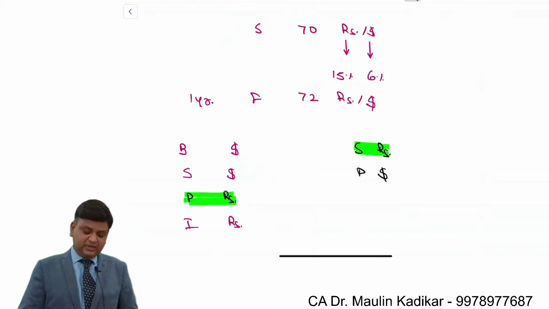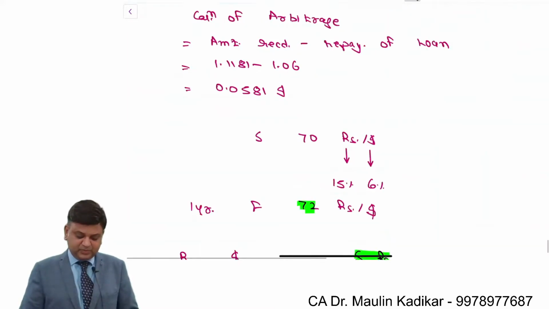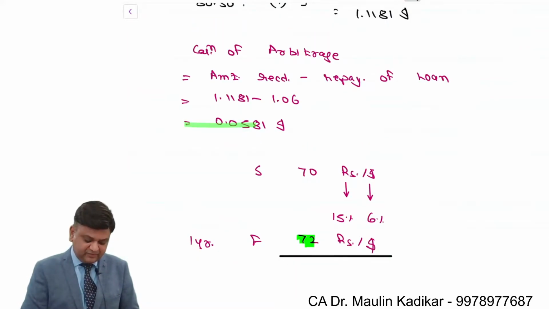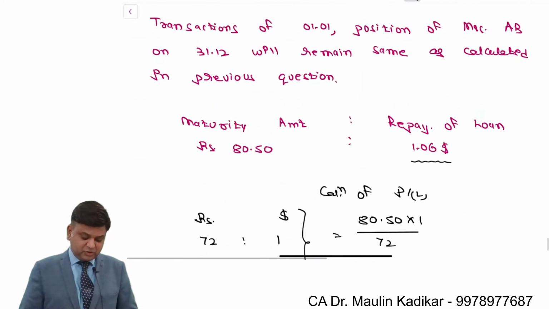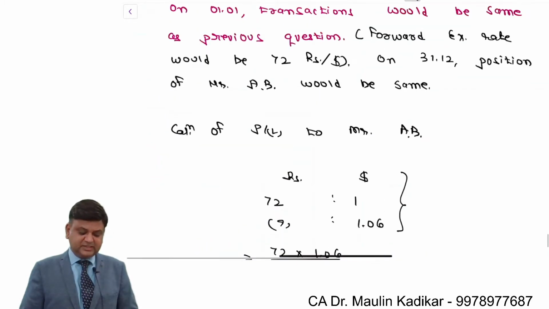So the only learning point that we have is the forward exchange rate cannot be 72 rupees per dollar. Otherwise, everybody will be able to make this risk-free profit. And dear students, over here, one very important thing is that the question is providing the arbitrage. So entering into the forward contract is essential.